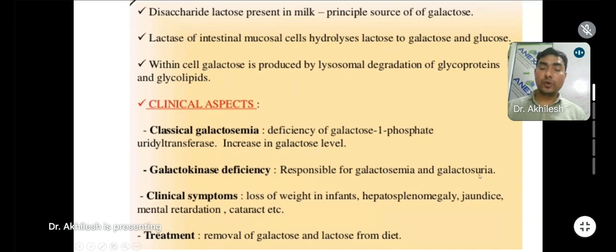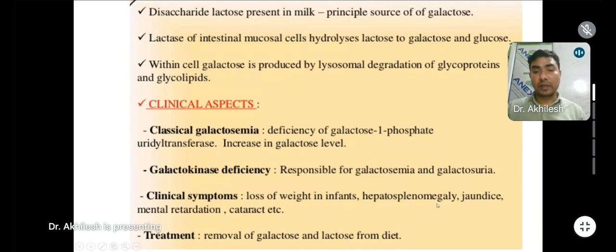If it is more in urine, it is called galactosuria. Your kidney filters are affected because these sugars change filtration and cell permeability. There is loss of weight in infants because the body is not able to utilize energy and uses other sources. So weight loss is very common in infants.